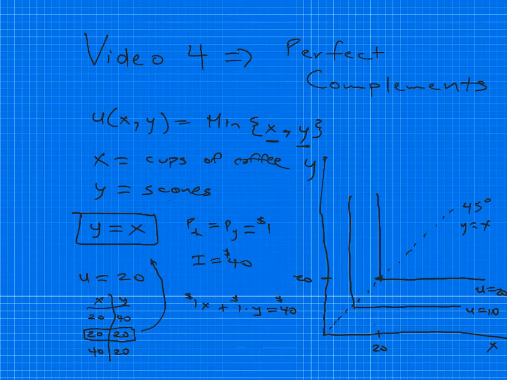Now you may recall from an earlier video or from what we've discussed in class that in order to use Lagrange's method to do optimal choice analysis, we need for two things to be true. First, we need for the utility function to be differentiable. And then second, we need for the utility function to exhibit well-behaved preferences.